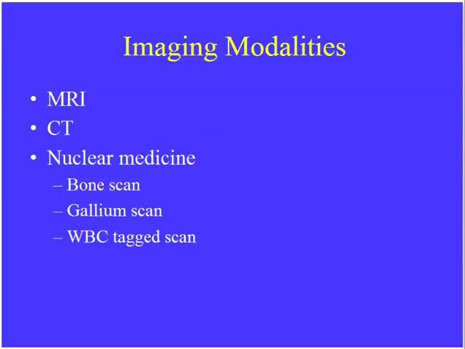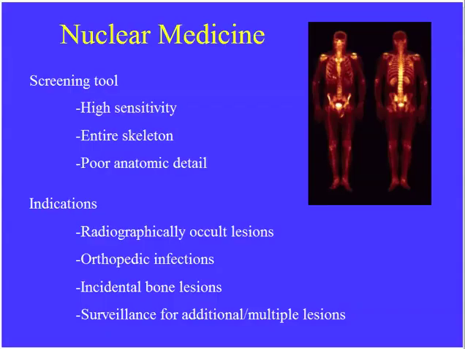There's really three types of exams that we use in bone imaging: either the bone scan with technetium-99m MDP, gallium scan, or a white blood cell tagged scan. With nuclear medicine, it's a great screening tool, very highly sensitive. You can look at the whole skeleton at one time, but there's very poor anatomic detail. I mean, trying to distinguish whether the fracture is in the proximal or distal pole of the navicular bone is going to be very difficult with a study like this.